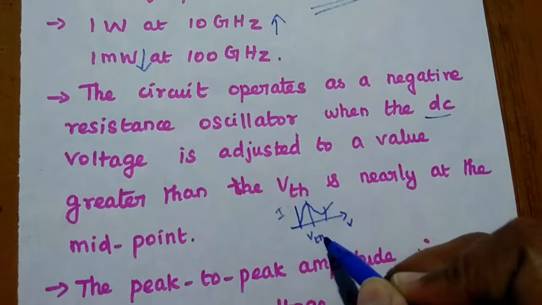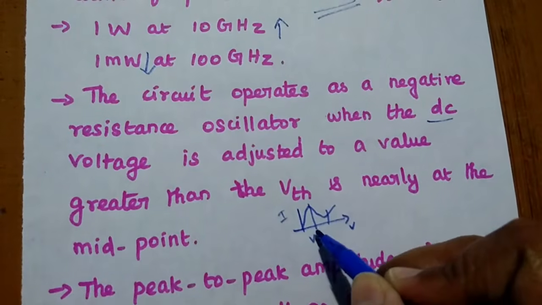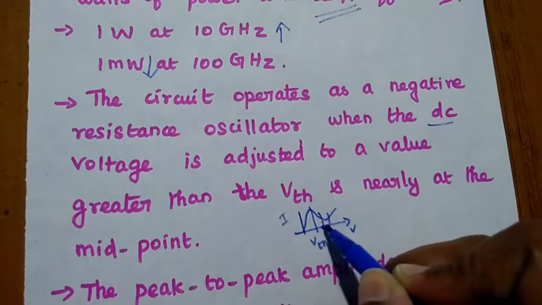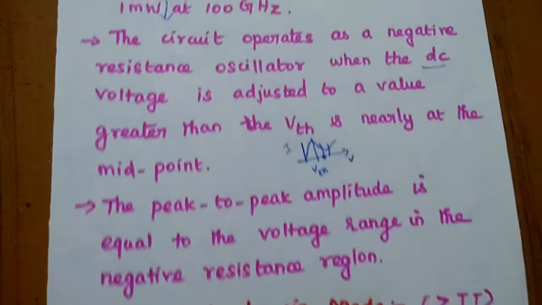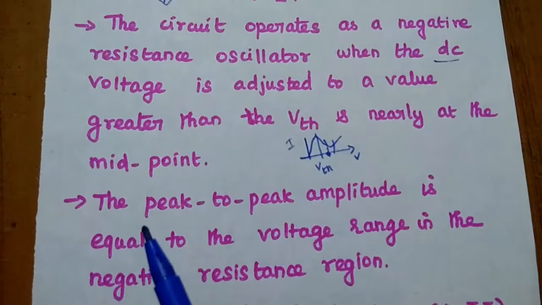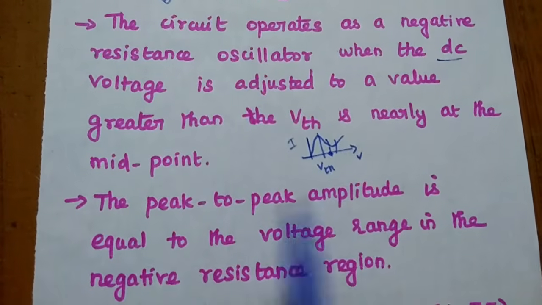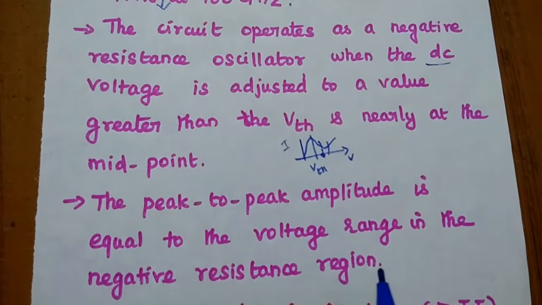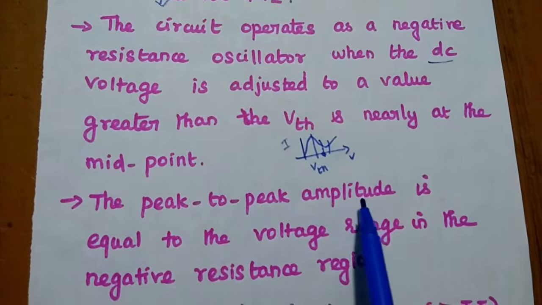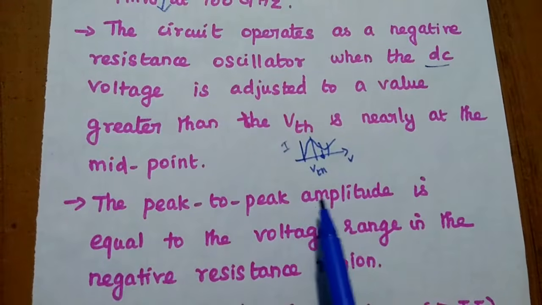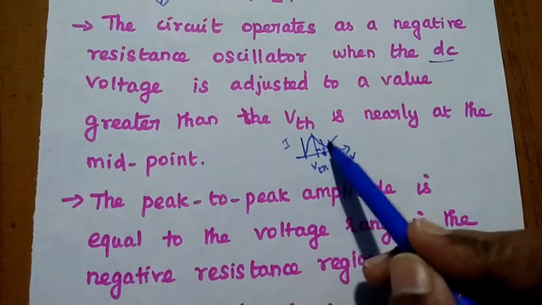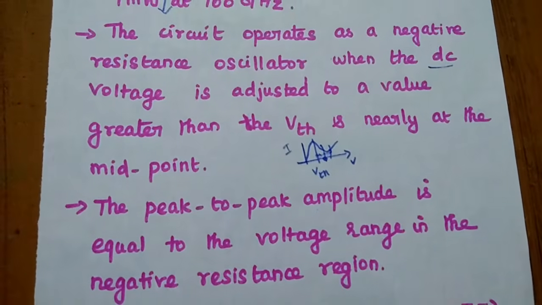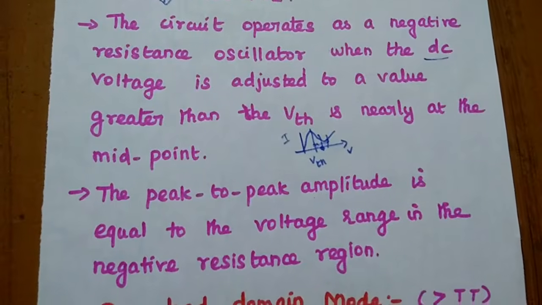We are going to increase the applied voltage above this threshold and make sure that it is placed at the midpoint of this negative region. By doing that, we get a peak to peak amplitude equal to the voltage range in the negative resistance region. So the peak to peak amplitude of the microwave signal generated is equal to the total voltage of the negative region. So LSA mode is widely used in Gunn diode oscillators.